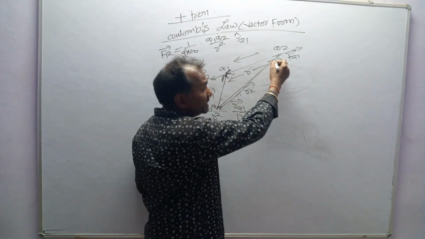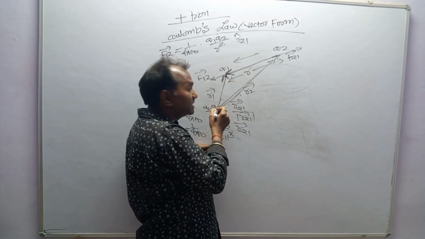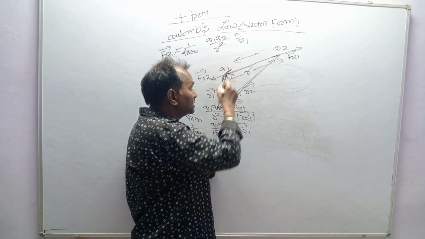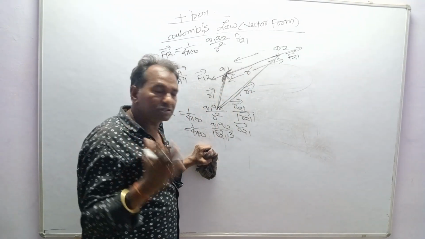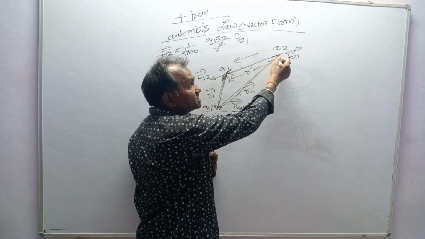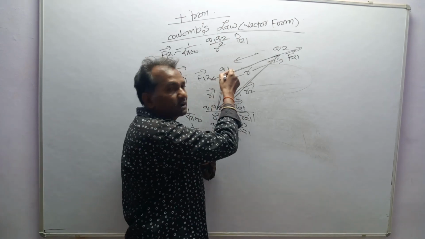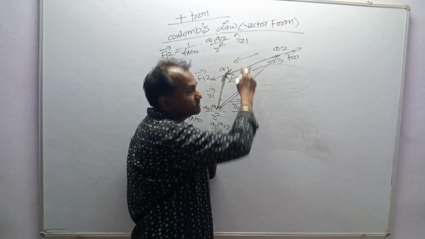On the head of a vector the tail of the next vector is drawn, then the initial and final positions are joined. So it is the resultant of these two. What is the vector law of addition? The tail of a vector is drawn from the head of the first vector, and then the initial and final positions are joined. Then it gives the resultant of these two.